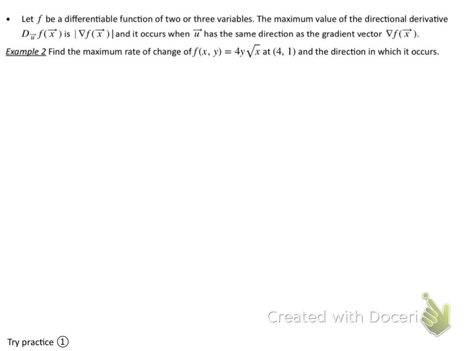So this is a function of two variables. We have del f equals fx, fy. For fx, I'm differentiating with respect to x, so the 4y is the coefficient, and differentiating radical x, which is x to the 1/2 power, the derivative is 1/2 x to the negative 1/2. Differentiating y, the 4 radical x is its coefficient, and differentiating y you get 1.